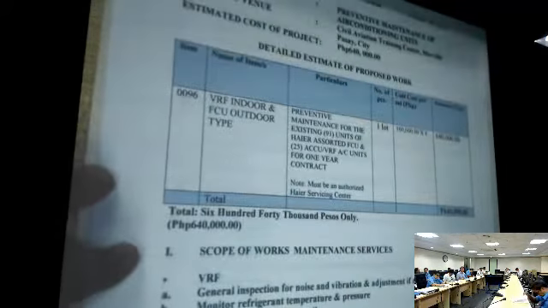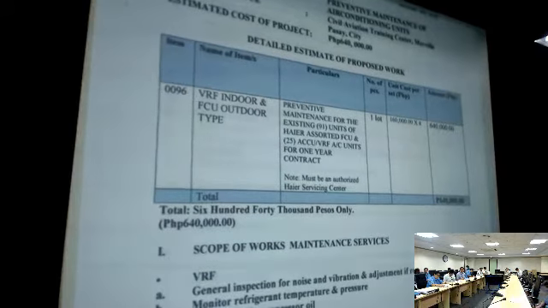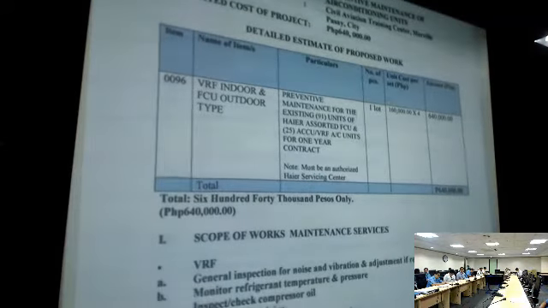Second, preventive maintenance of air conditioning units, 640,000.